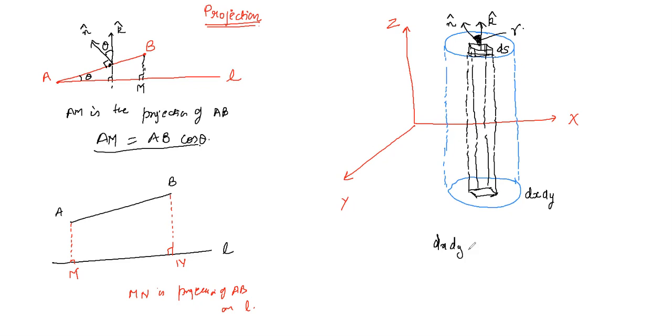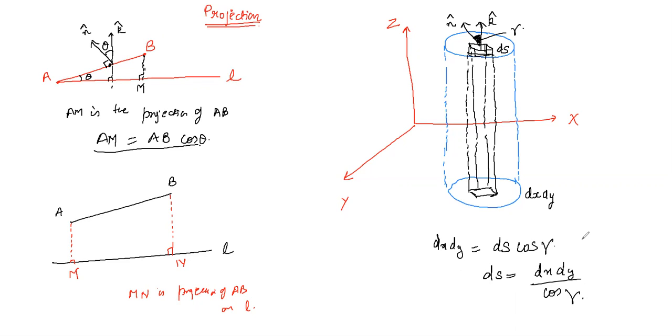So dx dy will be equal to AB. Now what is AB here? AB is the line whose projection is to be calculated. So here it is the surface element ds whose projection is to be calculated, into cos theta. Theta is the angle between n and k cap, so it will be cos gamma here. So from here we can say ds is equal to dx dy upon cos gamma.